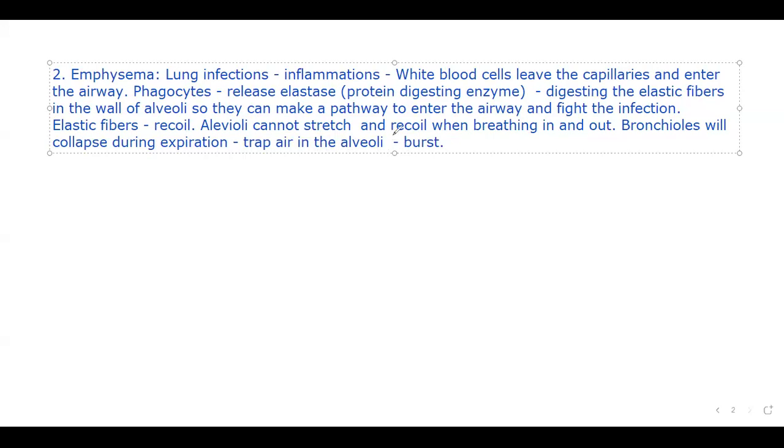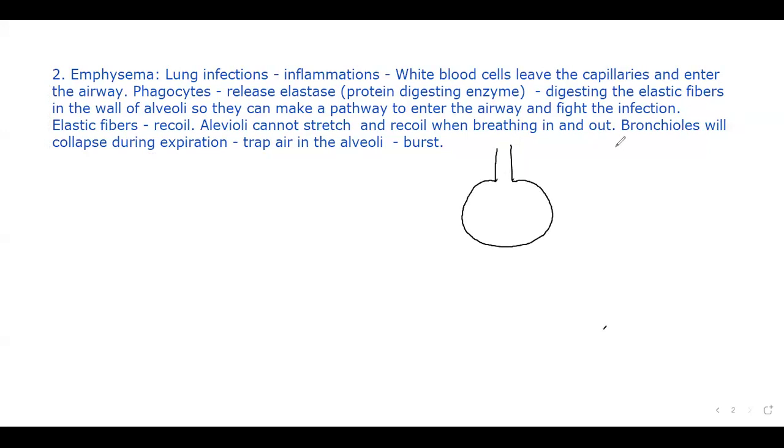So for example, if I draw this for you, take a look. This is my alveoli with elastic fibers, okay? Now, as my alveoli expands, and this is my alveoli contracting.